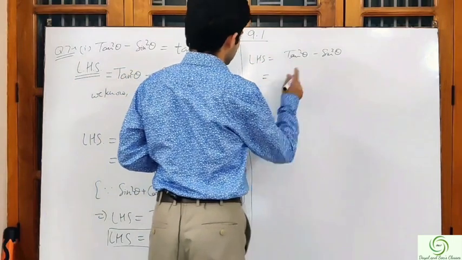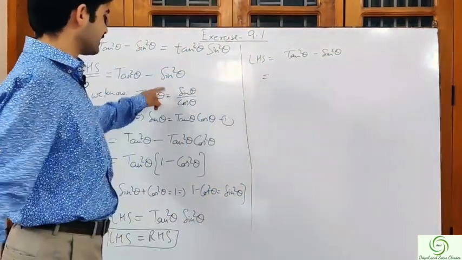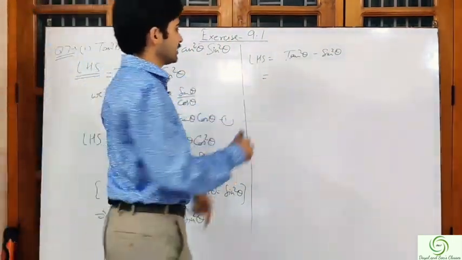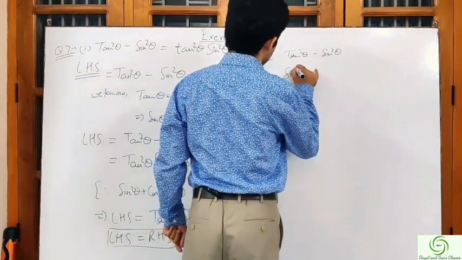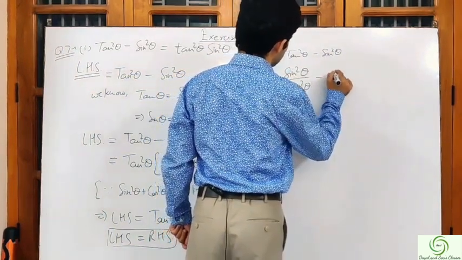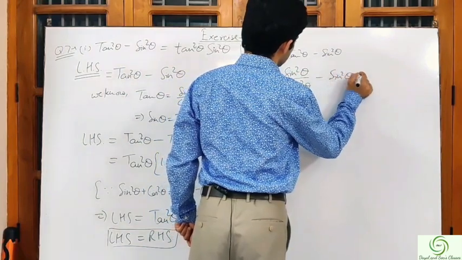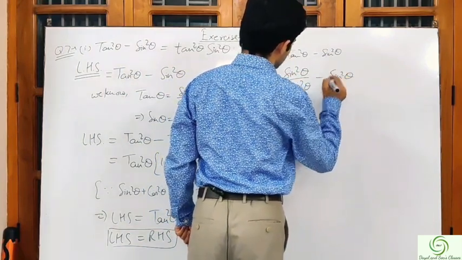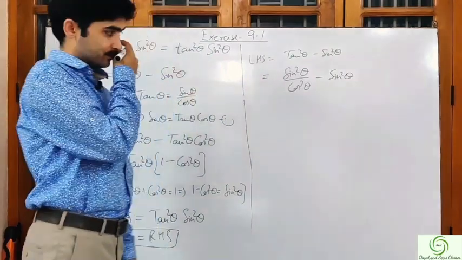Now, replacing tan theta by sin theta upon cos theta, I will write this as sin square theta upon cos square theta minus sin square theta. Clear?